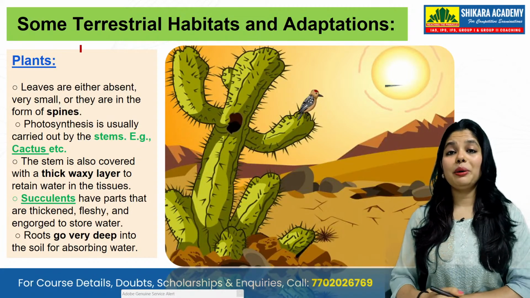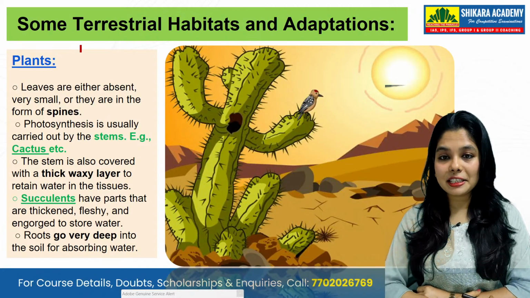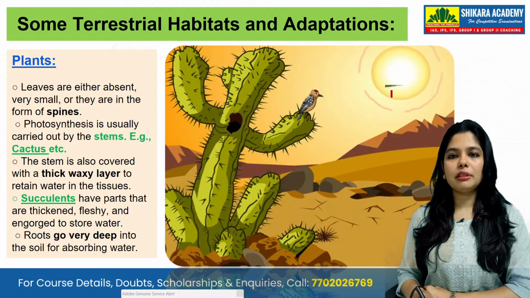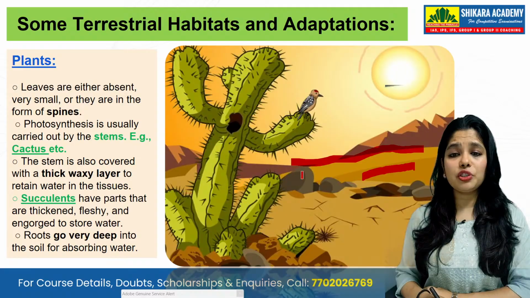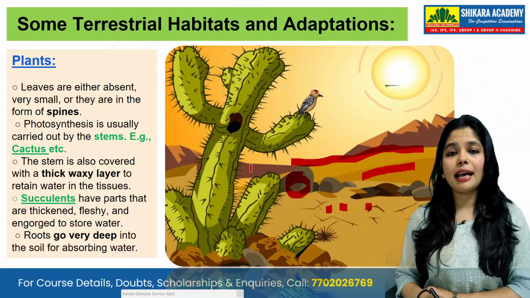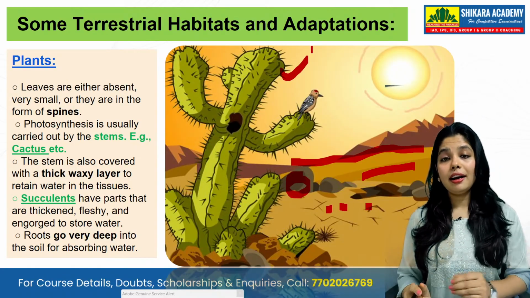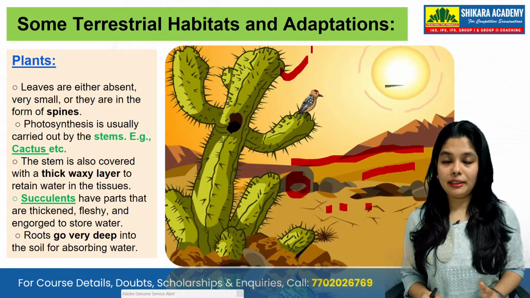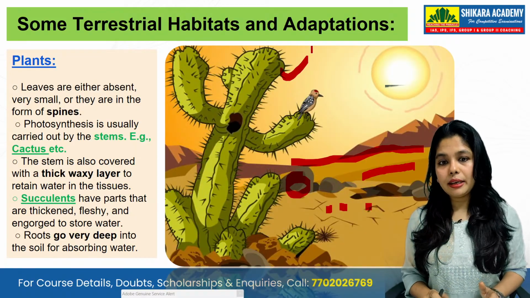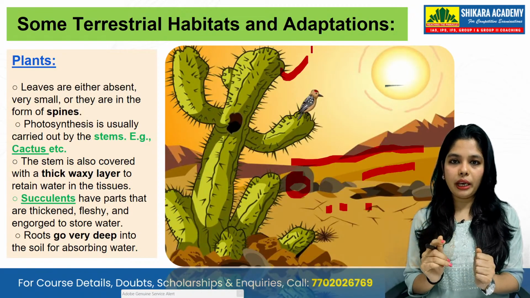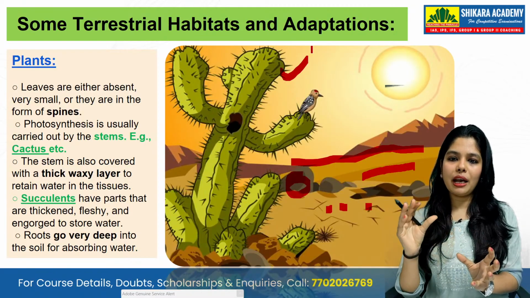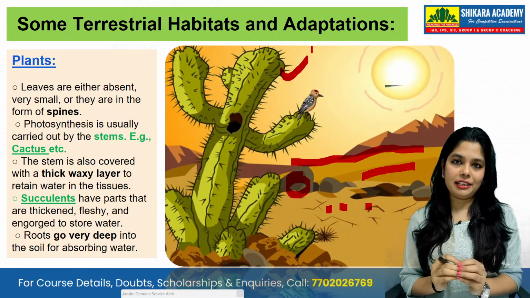And if we talk about the plants in desert areas, you might have seen in a lot of movies the desert area in which you see rocks, you see sand, and cactuses here and there. These cactuses have spines on their body, so that animals are not able to eat them very easily.